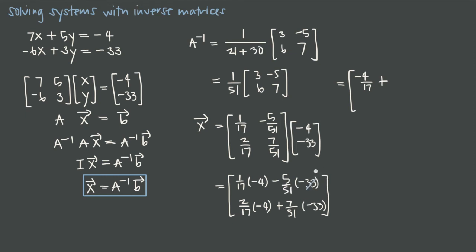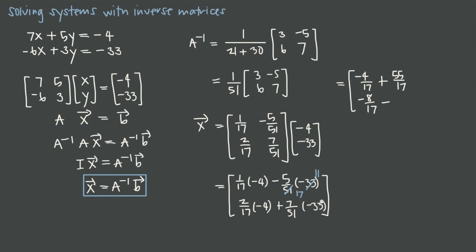So 33 divided by 3 gives us an 11. 51 divided by 3 gives us a 17. So we have 5 times 11 is 55/17. So plus 55/17. Then here, 2/17 times -4 is going to be -8/17.